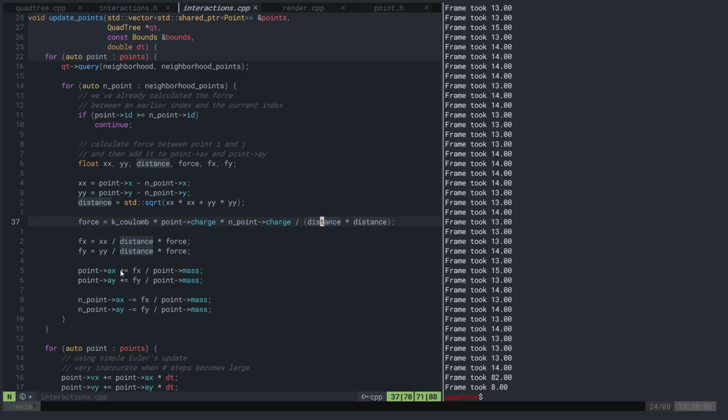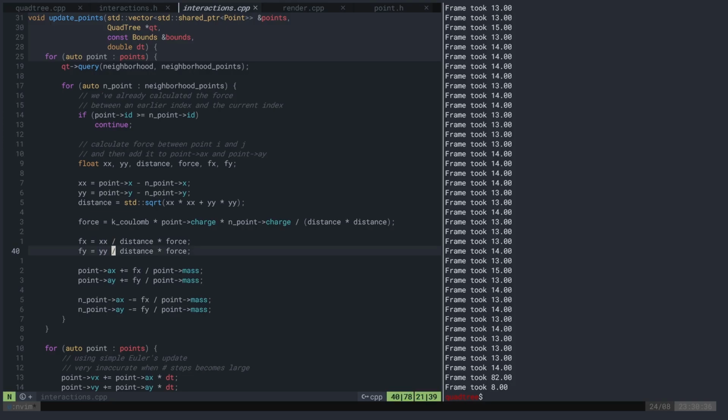The acceleration should be pointed away from each other. Since we're calculating, we'll keep point 1 as the point of reference. Since everything here is positive, our acceleration is positive, and this is going to move our force in the direction of xx and yy.